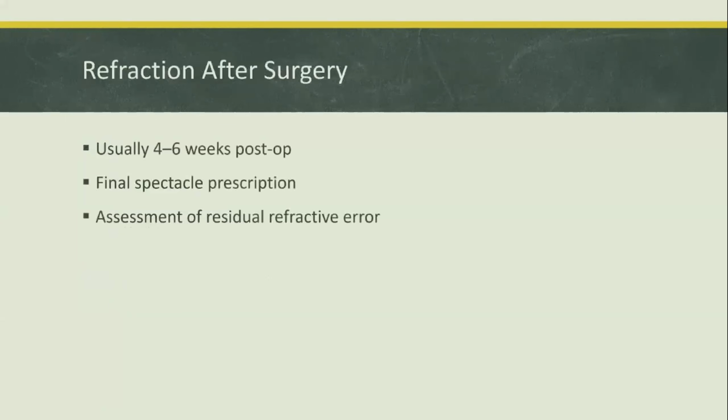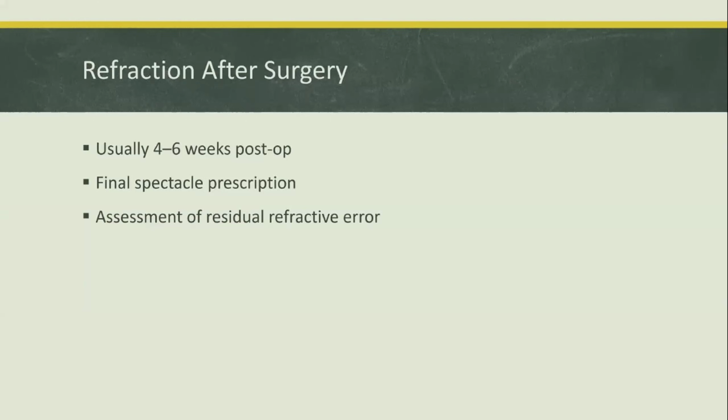So usually perform refraction at 4 to 6 weeks after surgery, once the eye has healed and the vision has stabilized, to determine the patient's best corrected visual acuity and identify any residual refractive error. Whether it can be plus or minus 0.5 diopters of myopia, or any chances of induced astigmatism or any corneal astigmatism if the patient is not going for a toric IOL.